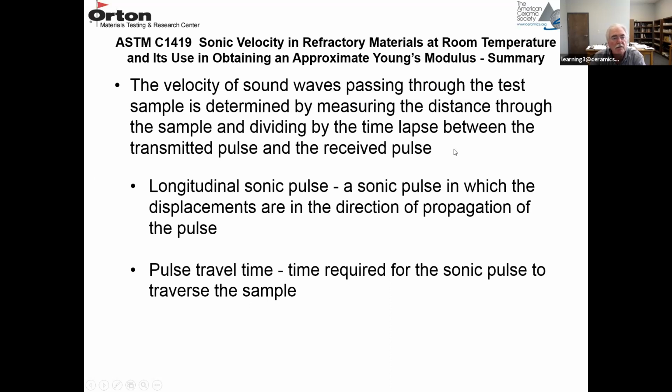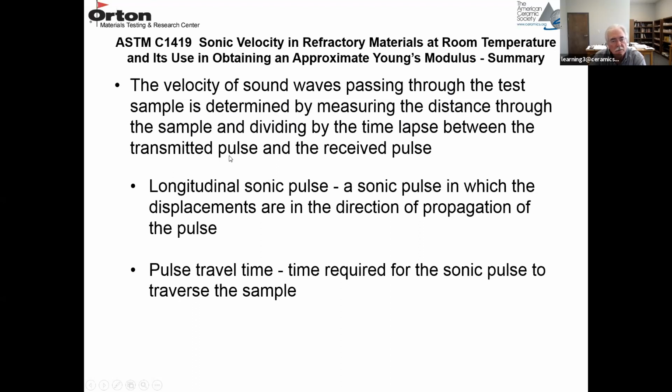For the summary of this test, you have a velocity of sound waves passing through the sample. You know the length of the sample. So the sonic velocity is determined by measuring the distance through the sample, dividing by the time lapse between when the pulse enters the sample and leaves the sample.